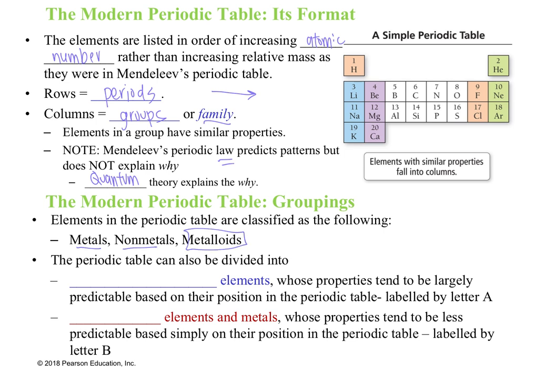We could also divide the periodic table into main group elements, which are the ones listed with an A at the top, and then we have transition elements and metals, which are the ones listed with a B. They're less predictable than the main group elements. Those tend to be quite predictable, but the transition metals have a little bit more variability to them.